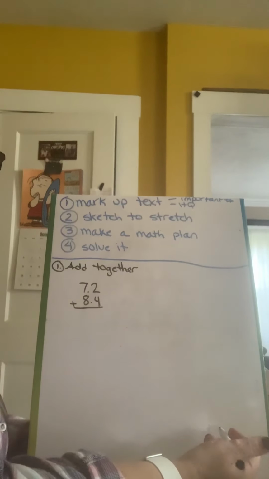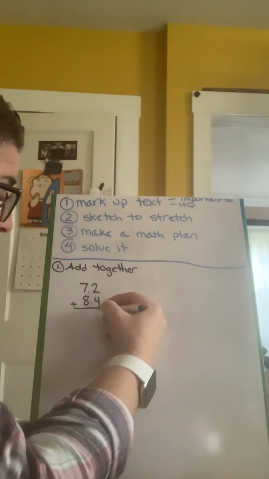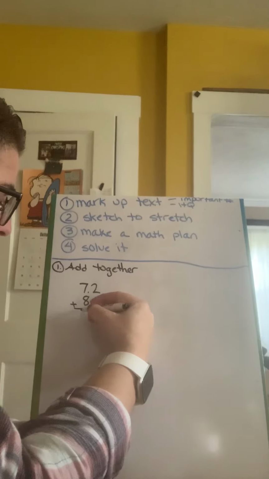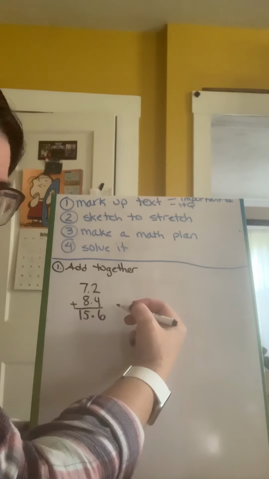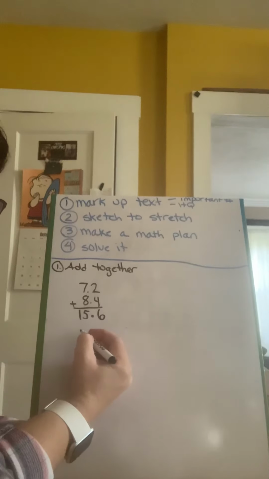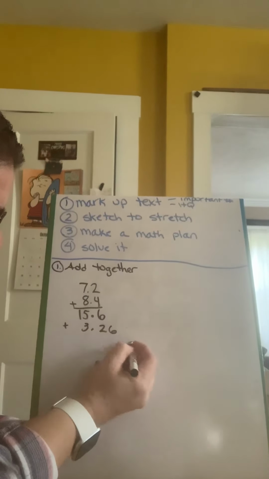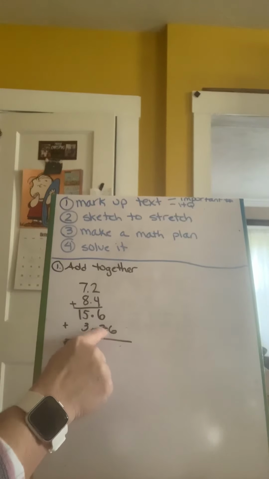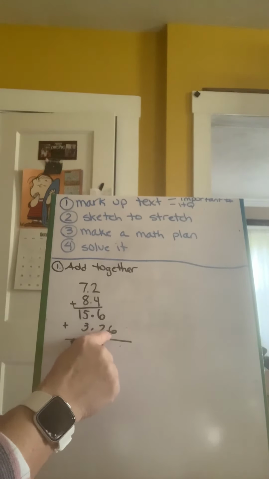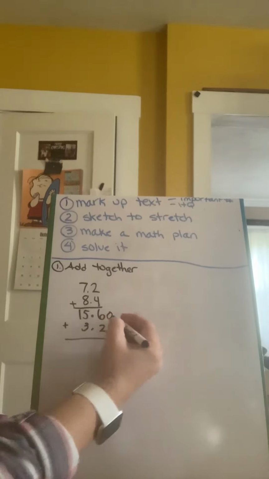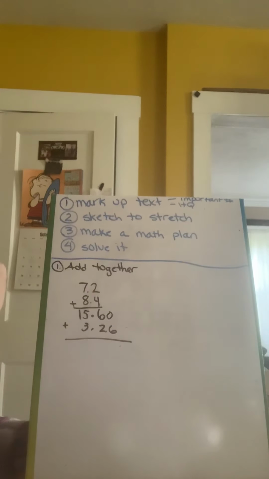Keeps me organized and it's easier to see for me. And when I'm adding decimals that don't have the same amount of place value terms, I always like to add the extra 0 just so I can stay organized again.